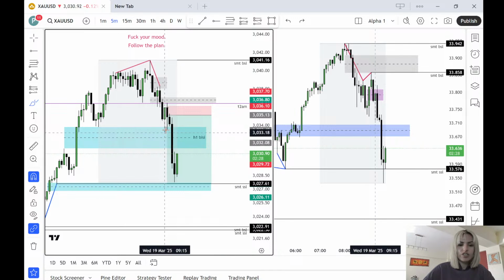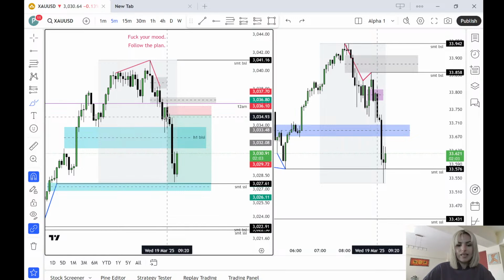And then it reached this 1 hour BISI with the 915 candle. And even though I said that I'm going to enter once it retraces a little closer to the original entry level at the close of the 905 candle, I didn't do that during the 915 candle because it was just rejecting from the 1 hour BISI.